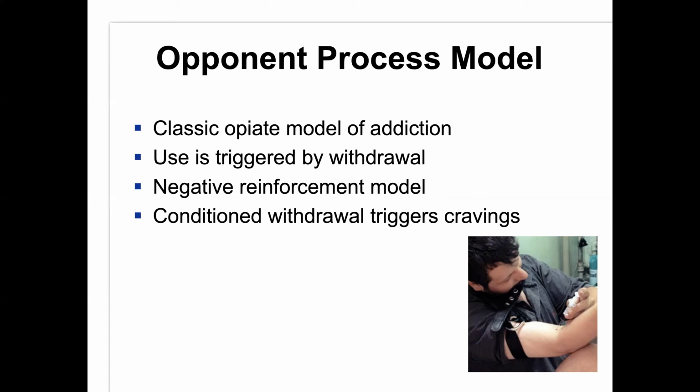Blood pressure is non-normally high, as is cardiac rate, etc. This is uncomfortable, and according to the opponent process model, creates a drive to return to a homeostatic state, which for the addict means another dose of drugs.